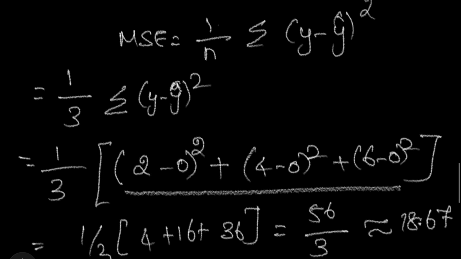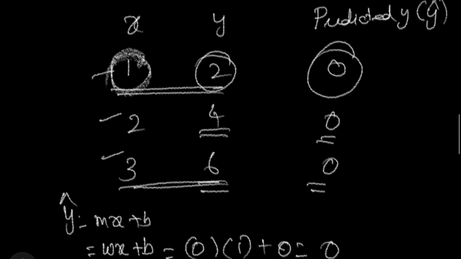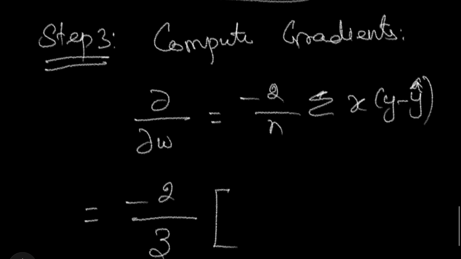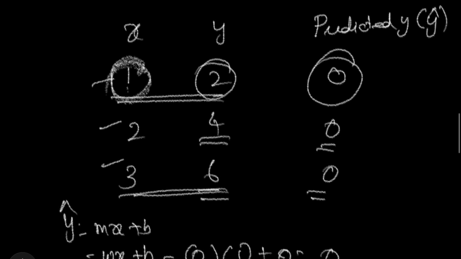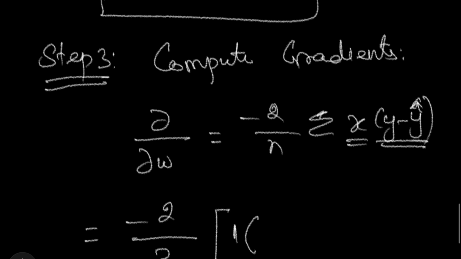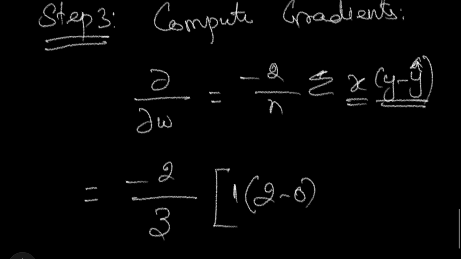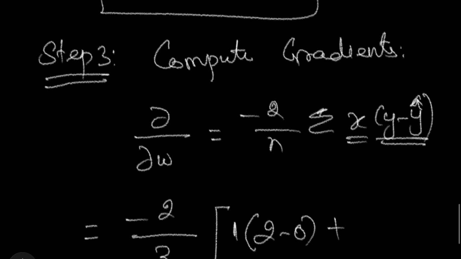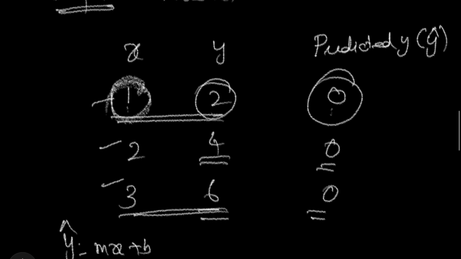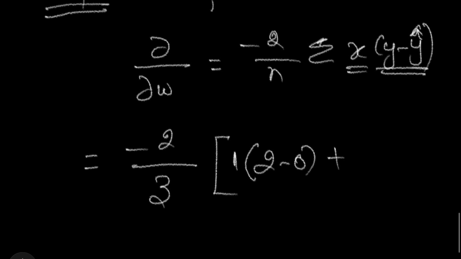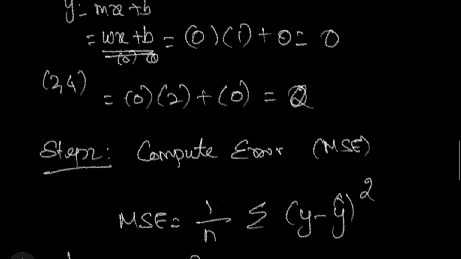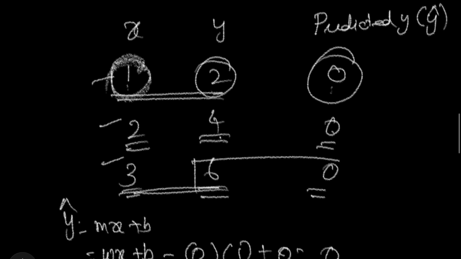We multiply it with x. What is the x value? It is 1. We take 1 because we have x into (y minus predicted y): 2 minus 0, plus the next x value 2 into (4 minus 0), plus the next x value 3 into (6 minus 0).